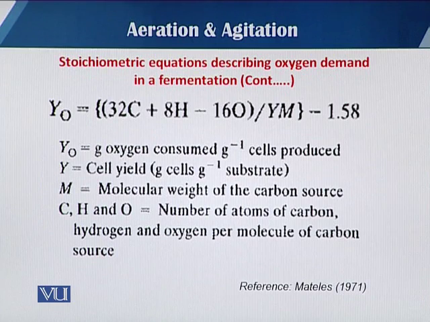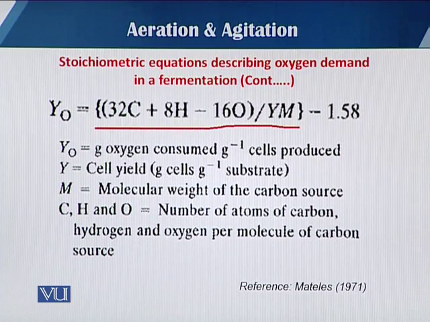Here is another equation that was reported by Metallis 1971, the same kind of equation as reported by the previous worker. Y naught is equal to 32C plus 8H minus 16O divided by Y over M minus 1.58.